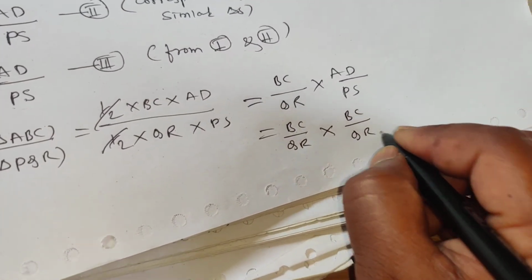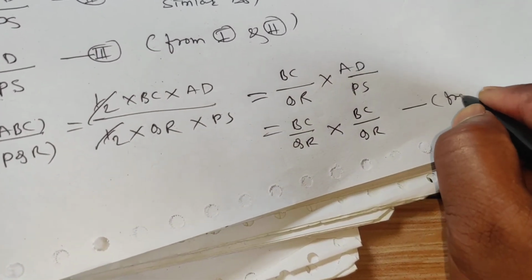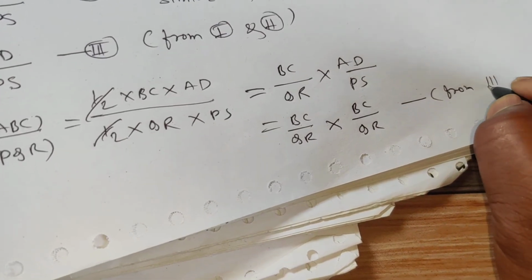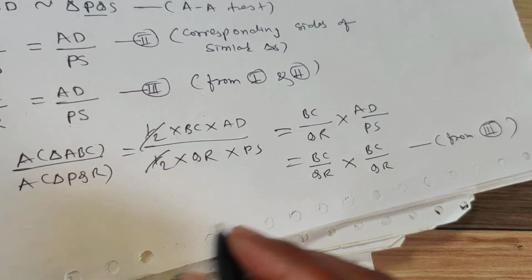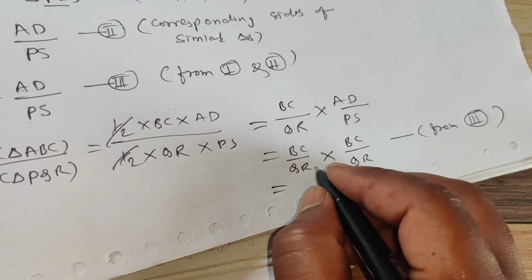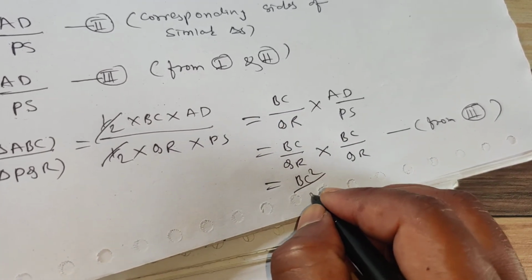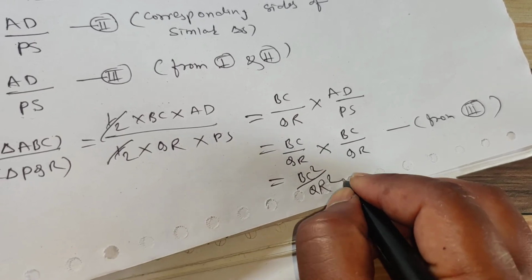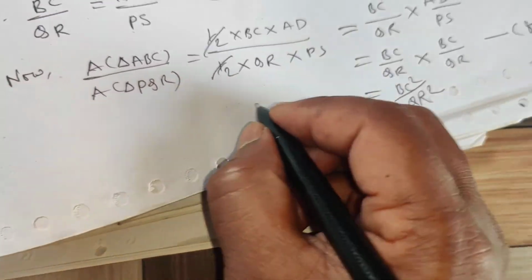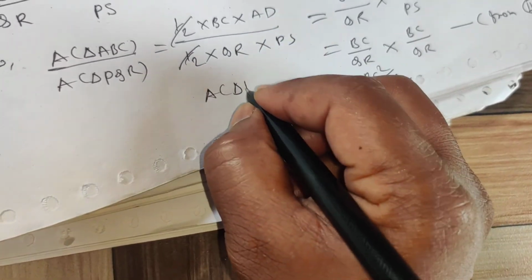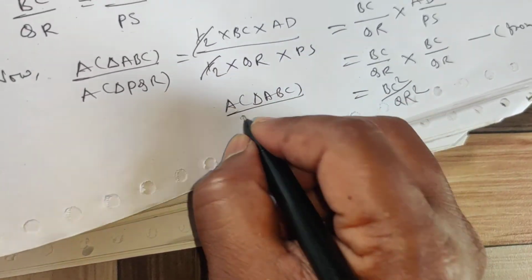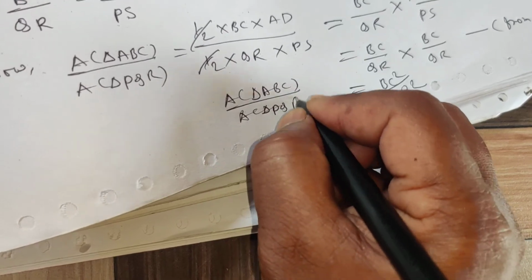That gives BC into BC, that is BC square, and QR into QR, that is QR square. And on the left hand side, that is area of triangle ABC upon area of triangle PQR.